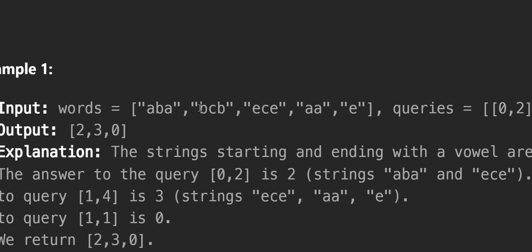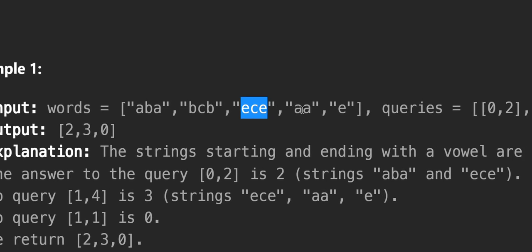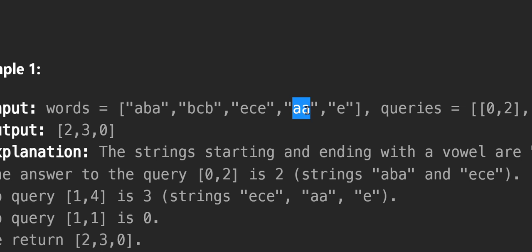And for the second query, which is 1 to 4, let's see. At the first index we do not have a string which starts and ends with a vowel. At the second index we do have a string which starts and ends with a vowel, so we have one string. After that, at the third position we do have a string which starts and ends with a vowel, and at the fourth position we also have one.